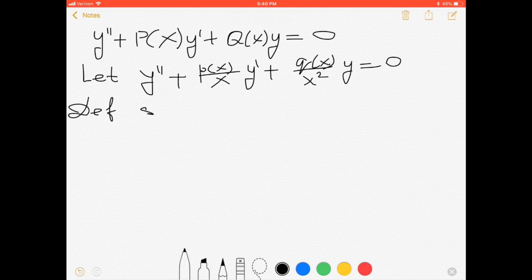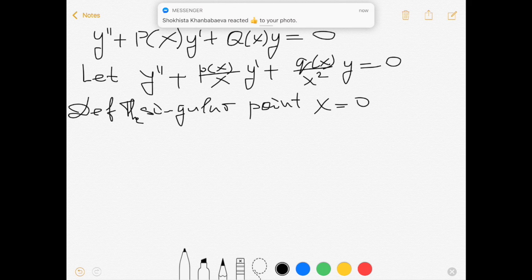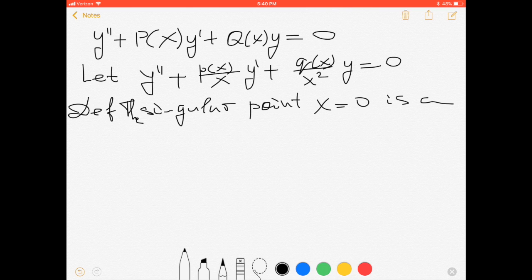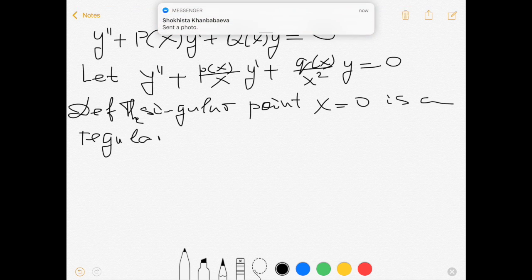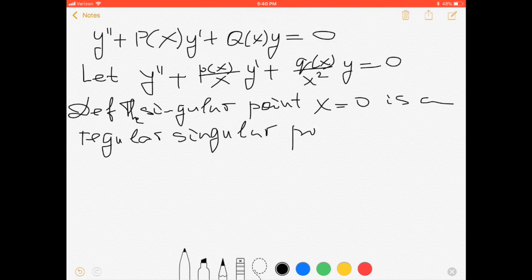Singular point. x equals 0 is called a regular singular point if our new functions, small p(x) and q(x), are both analytic at x equals 0.